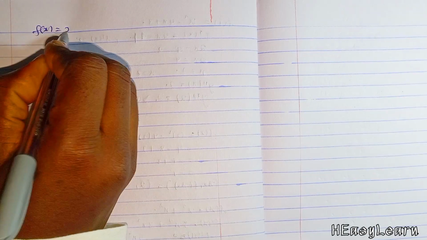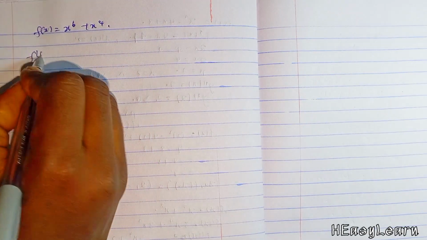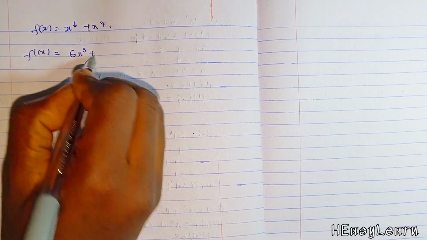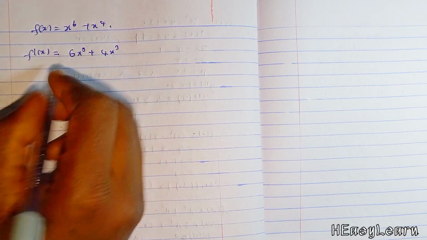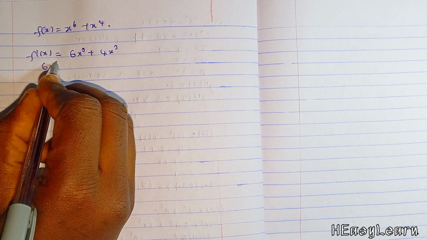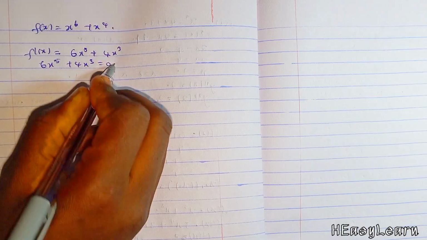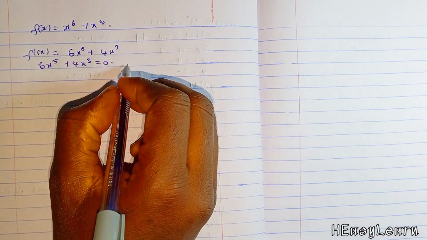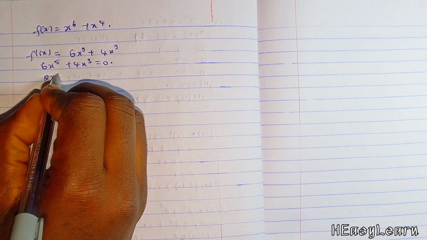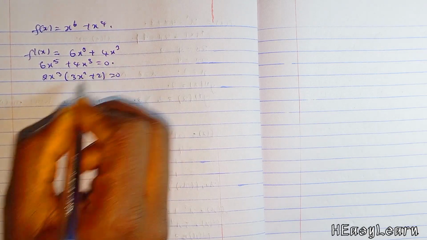F of x equals x to the power of 6 plus x to the power of 4. What is the first derivative of this function? This is 6x to the power of 5 plus 4x to the power of 3. Set this equal to 0 at the critical point. This is called the turning point of the function. Then solve for x. What is common? 2x to the power of 3 is common. 3x squared plus 2 equals 0.